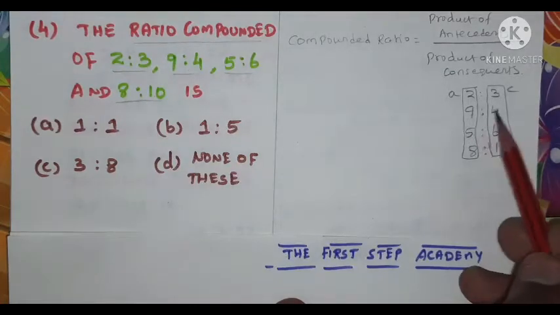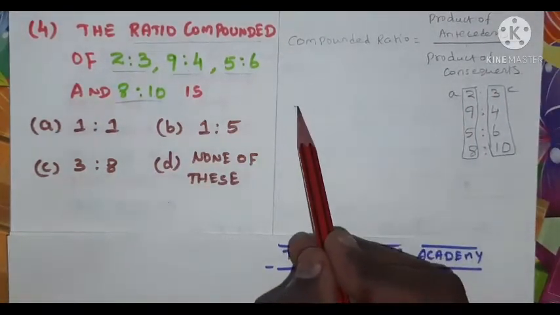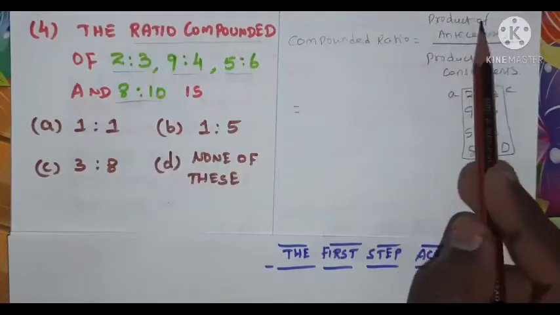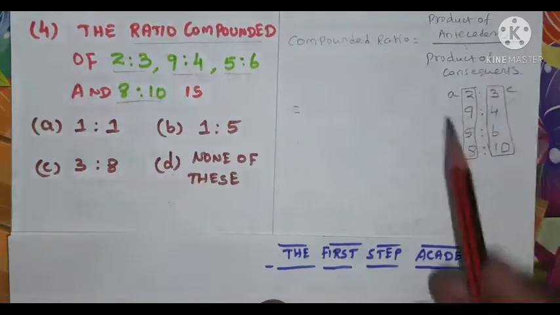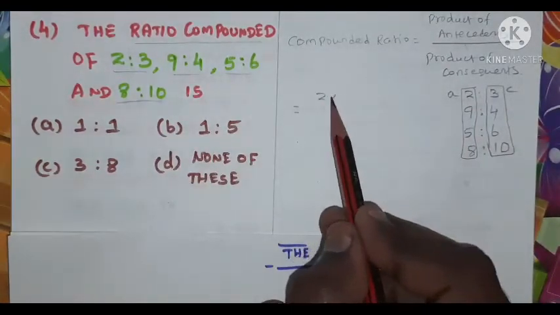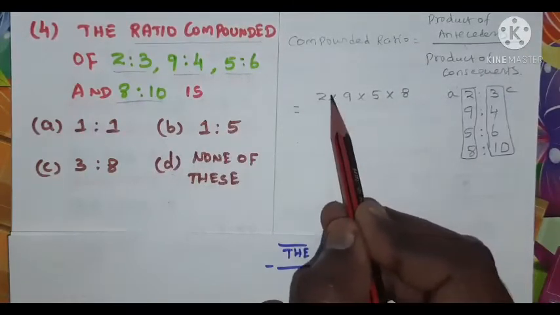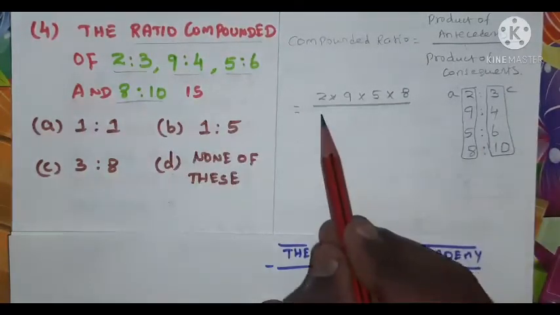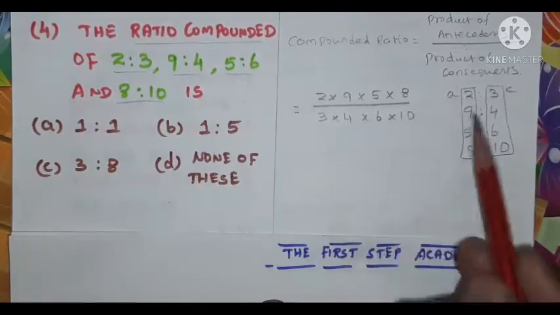Now we need to substitute these values into this formula, right? The compounded ratio can be calculated by the product of antecedents divided by the product of consequences. So substitute here: 2 into 9 into 5 into 8 divided by 3 into 4 into 6 into 10, right?